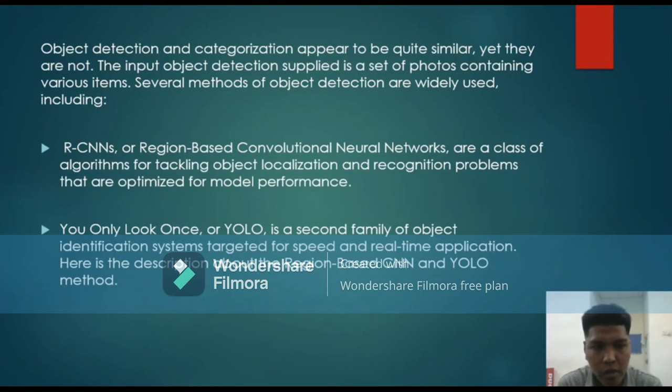The second one is YOLO, You Only Look Once, a second family of object identification systems targeting speed and real-time applications. Here is the description of the region-based CNN and YOLO methods.